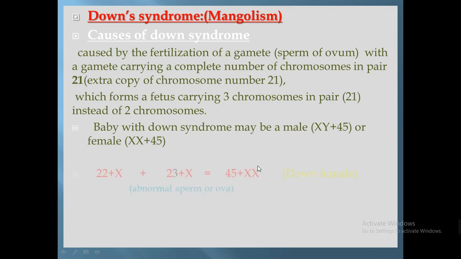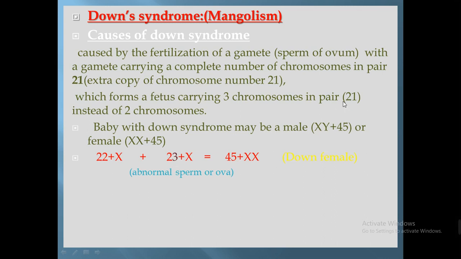So let's see the karyotype of them. If normal sperm or ova contain 22 plus X, abnormal sperm or ova contain an extra chromosome on the autosomes, chromosome number 21.